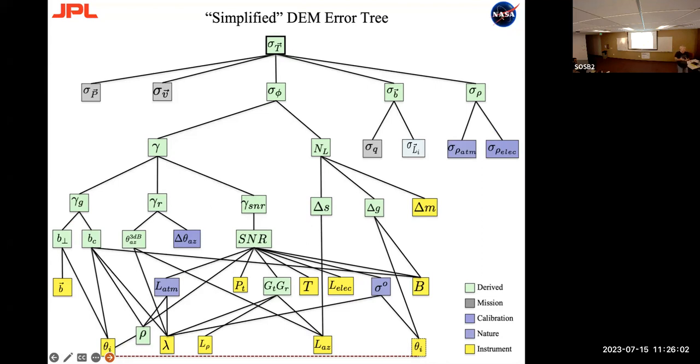But again, there are trades. And this is where life gets really annoying. So for instance, if I want to improve my SNR, I can do that by increasing the size of my antenna, which I might increase the azimuth size of my antenna to do.